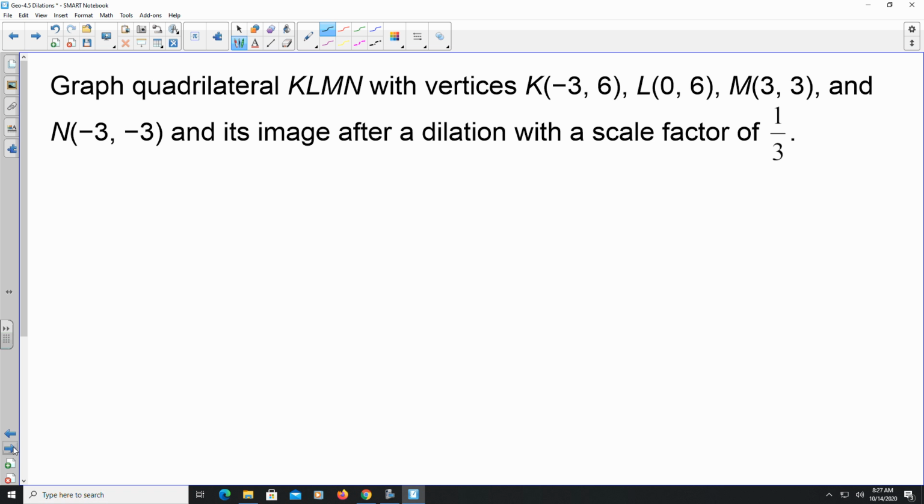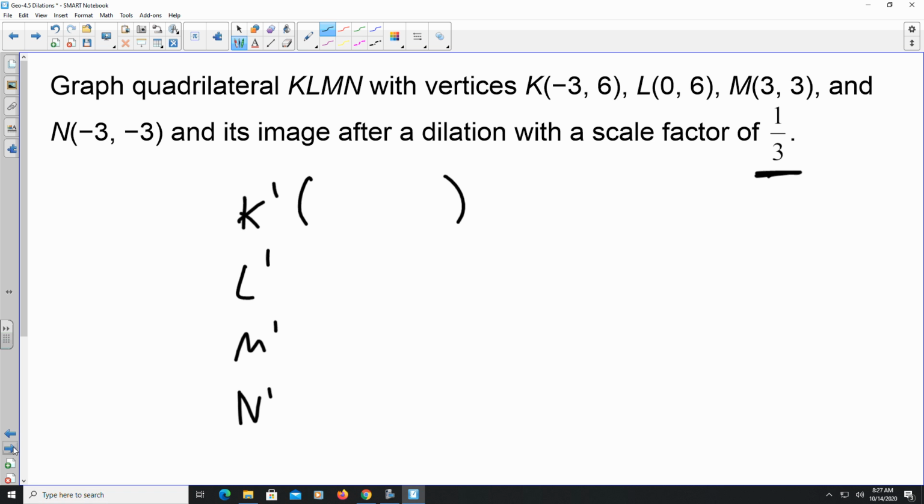In this one here, same idea. This one is a scale factor of 1/3, which means it's going to be a reduction. So looking for K prime, L prime, M prime, and N prime.